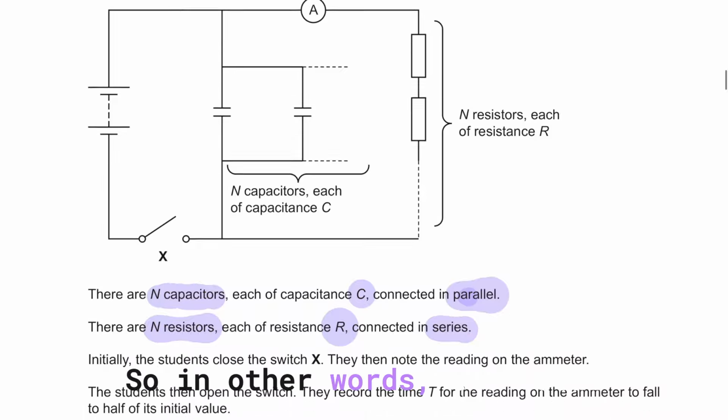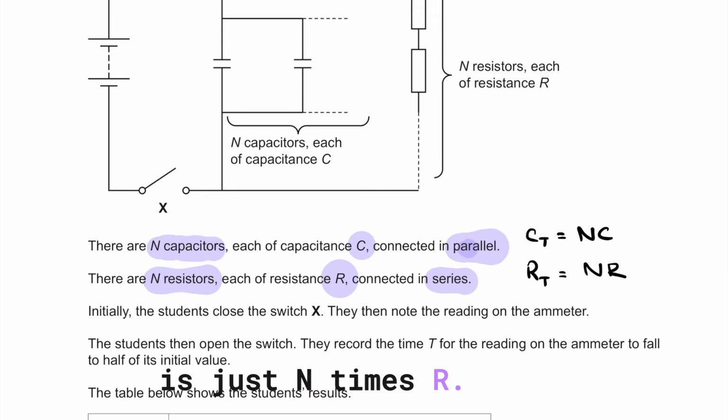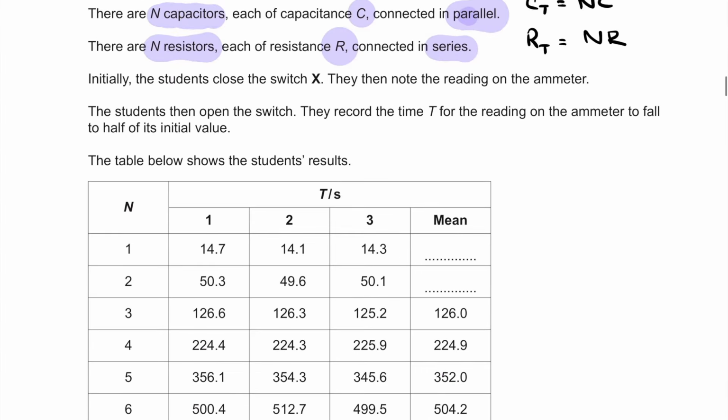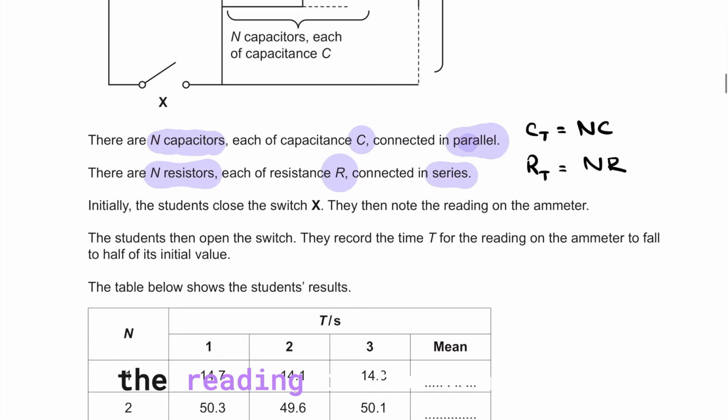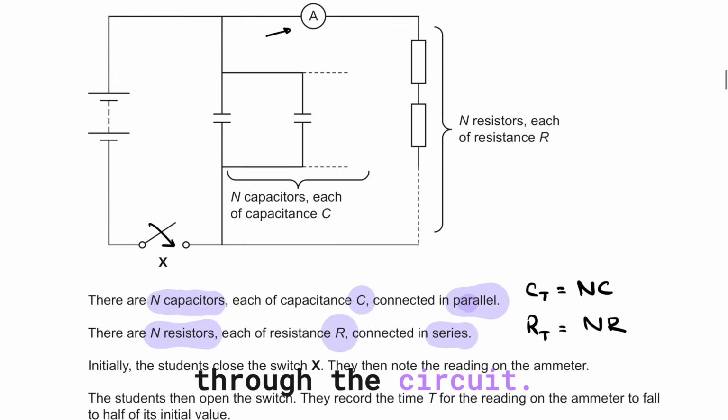So, in other words, the total capacitance is just n times C, and the total resistance is just n times R. Okay. Then it says initially the students close the switch X. They then note the reading on the ammeter. So they've closed the switch and they are measuring the current that's passing through the circuit.